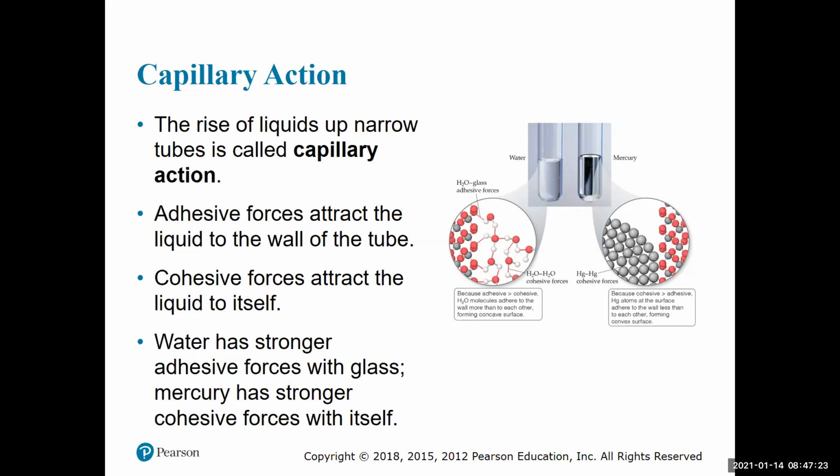The reason for that, at least on the water, is if you look at this kind of molecule diagram we have on the slide here, the reds on the side of the glass here. Glass is made of silica basically, and it has siloxane groups on it, which is Si with an OH.